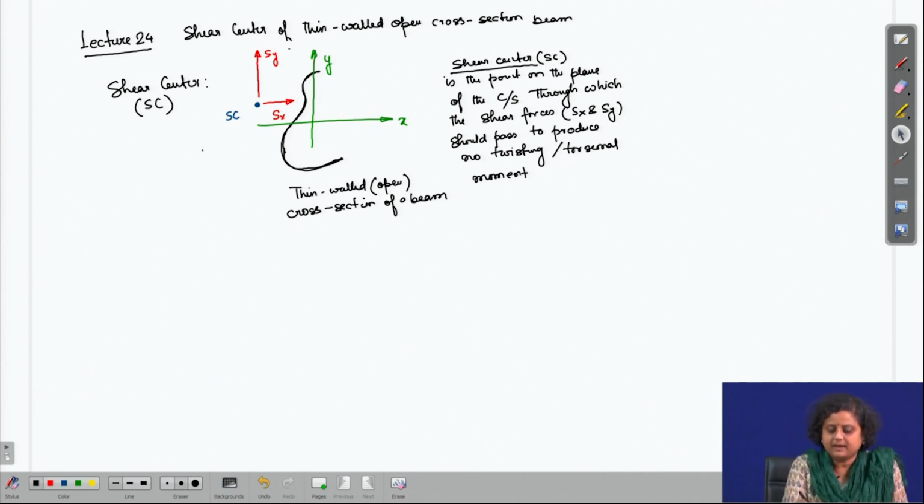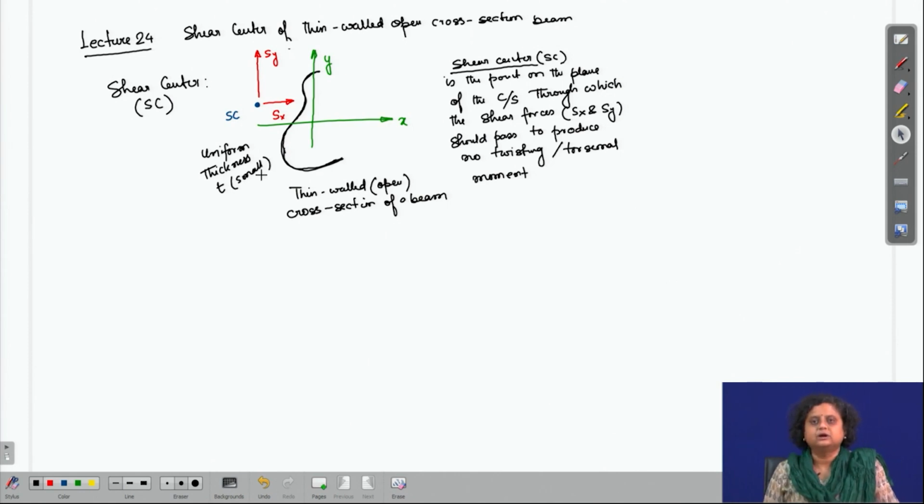So, this beam has a thin, uniform thickness T, which is small. So, this is a thin wall cross section. Now, there are certain other properties of shear center, which let me state right now, and we will discuss this in detail as we move through the lecture.